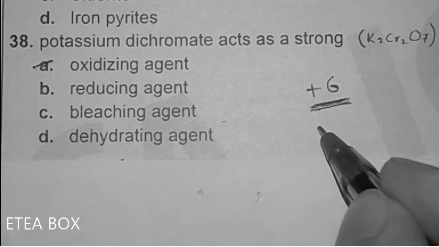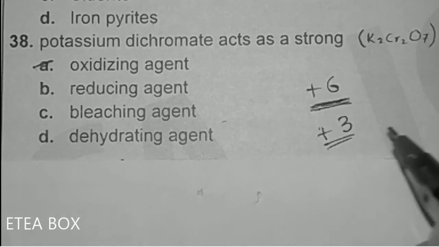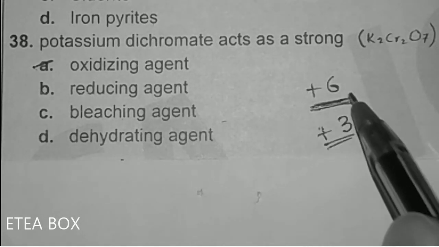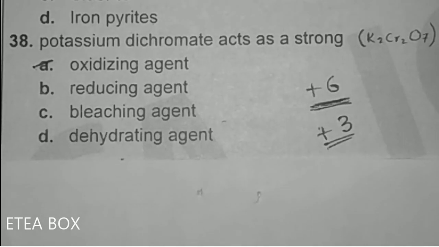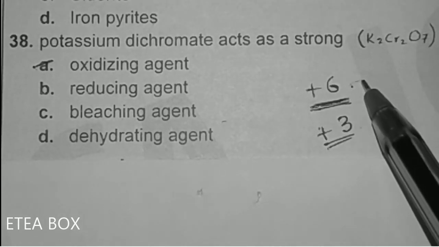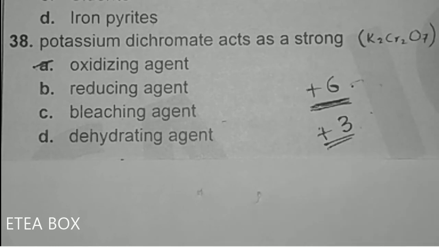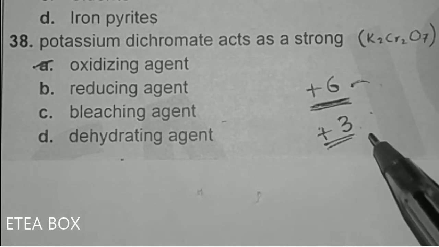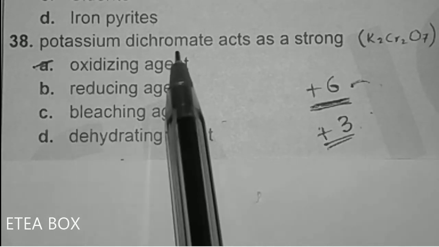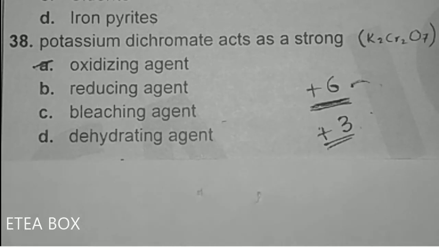And here we know that plus 3 is the most stable state for chromium. That's why this chromium will tend to attain the stable oxidation state. It will act as an oxidizing agent and gain the electron, and it will come to a lower oxidation state. This lower oxidation state may be plus 5, plus 4 or plus 3. So potassium dichromate will act as a strong oxidizing agent.